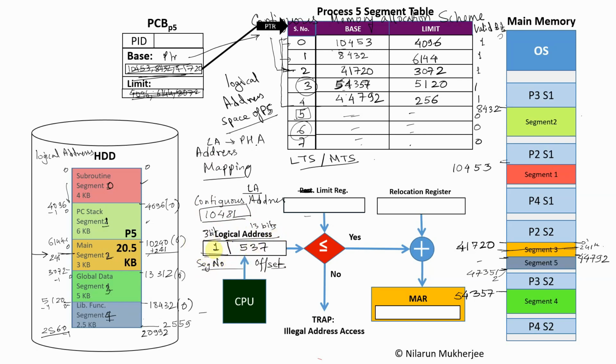So 0, 0, 1 will be the 1 in binary bits. So when 1 is addressed using this pointer, we will go here, we will find this, and the limit we can fill in from here. And first we will check whether this is 0 or 1. This is 1, so then we will fill it here, otherwise it will be an illegal address trap.